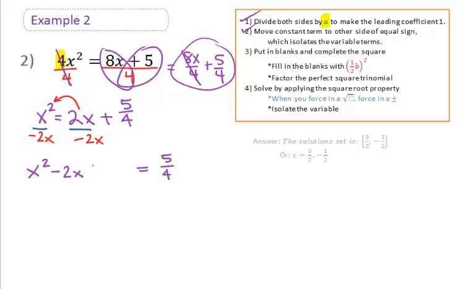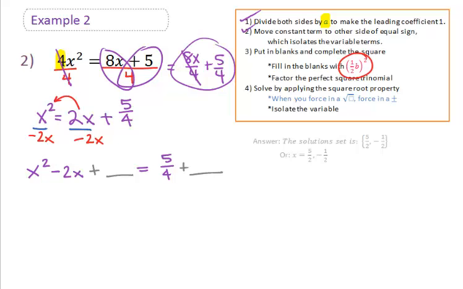Now I'm going to put in my blanks here, and I need to fill in both blanks with the exact same thing, and that is my 1/2 b squared. The reason that I need to plug that particular thing in there is so I can set up completing the square.